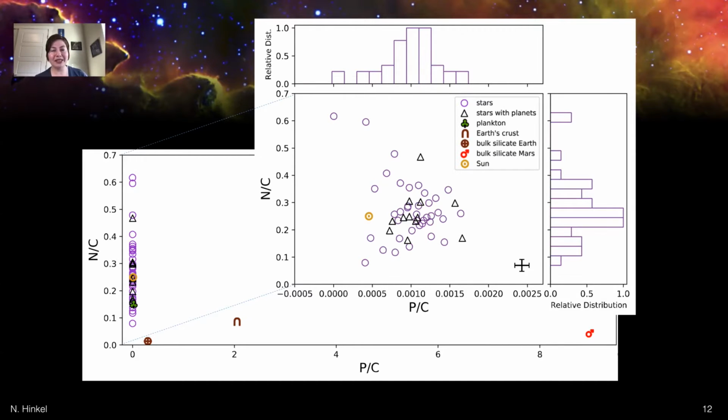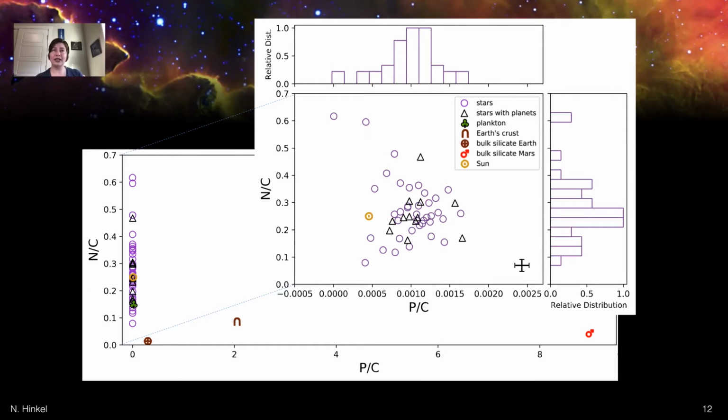So it's clear from the literature that it's difficult to measure phosphorus within stars. We're only looking at 54 stars here, so it's not even all the stars, but to have a star that measures phosphorus, carbon, and nitrogen within it, clearly it's a difficult thing.